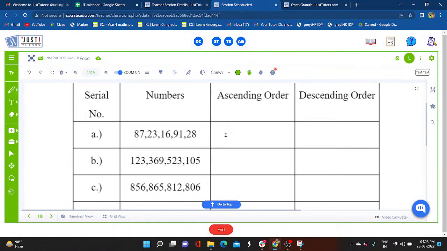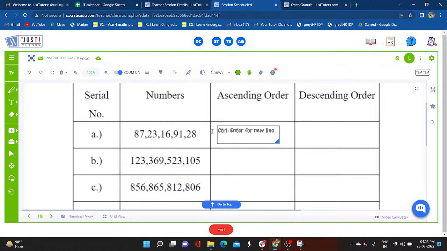Okay, now let's try arranging them in ascending order first. So we would begin with the first question, 87, 23, 16, 91 and 28.